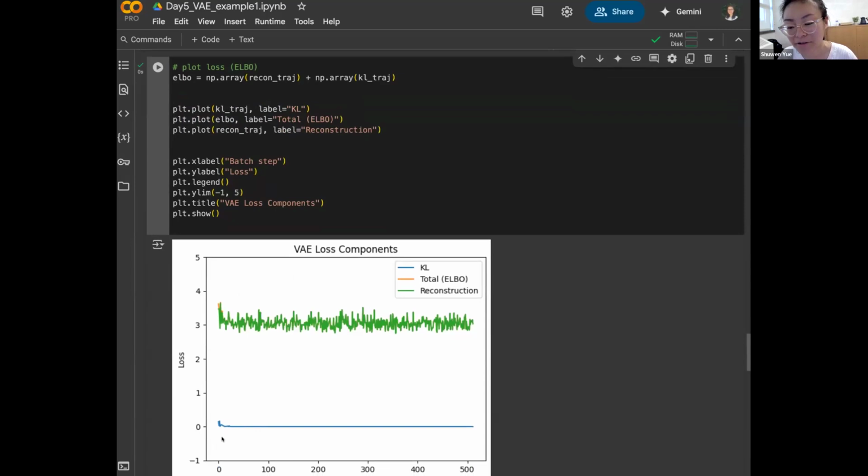Basically KL drops really, really rapidly. That part becomes very optimized, but the reconstruction kind of hovers around. And then the total is the additive of the 2 parts.